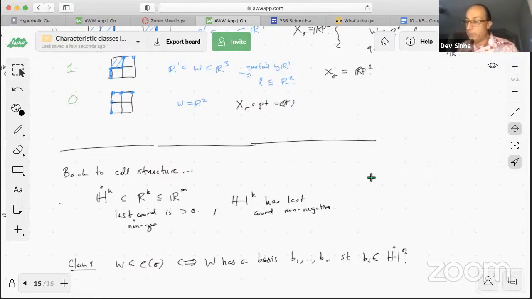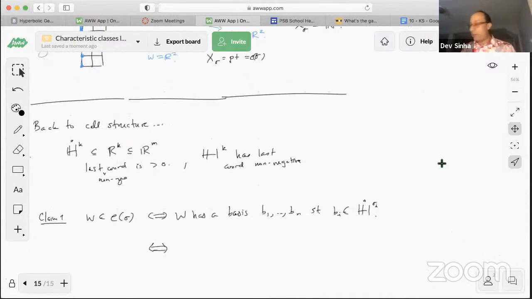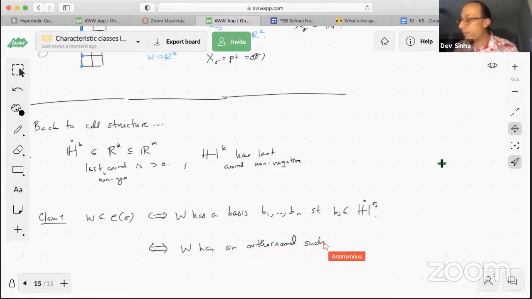And then standard choosing orthonormal says that that will happen if and only if W has an orthonormal basis, and then the fact is that it's unique.